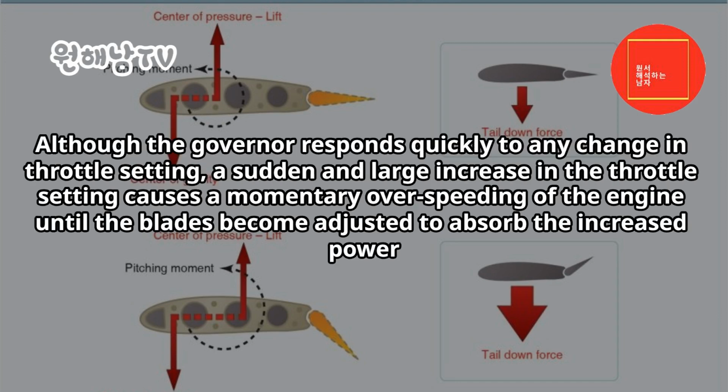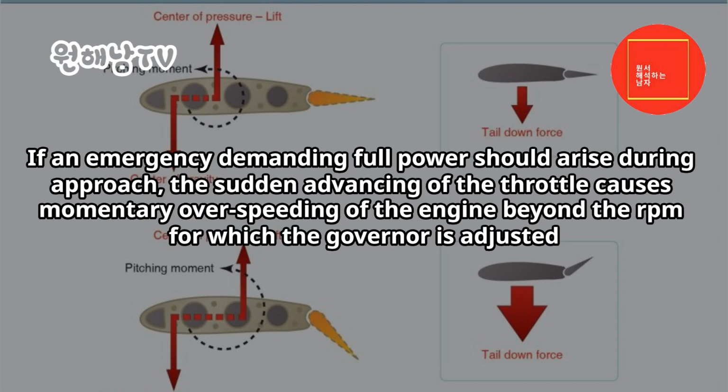Although the governor responds quickly to any change in throttle setting, a sudden and large increase in the throttle setting causes a momentary overspeeding of the engine until the blades become adjusted to absorb the increased power. If an emergency demanding full power should arise during approach, the sudden advancing of the throttle causes momentary overspeeding of the engine beyond the RPM for which the governor is adjusted.